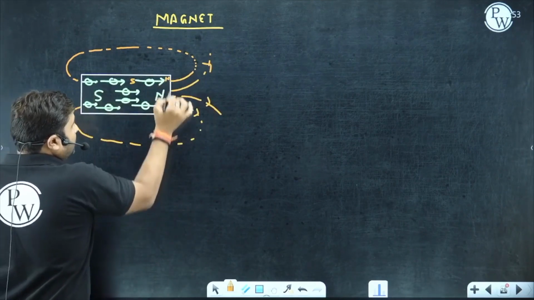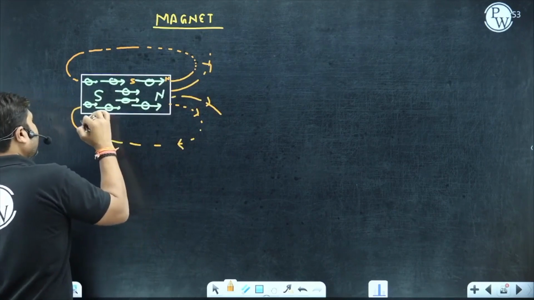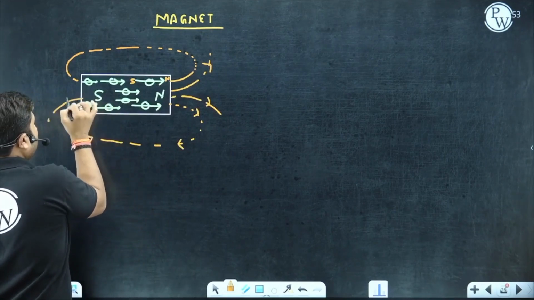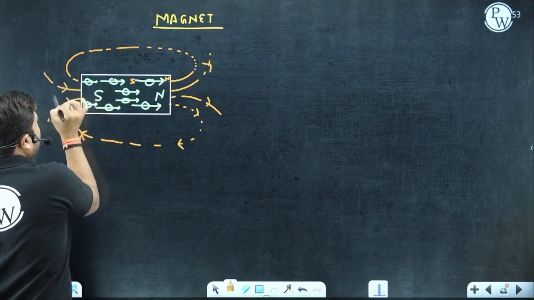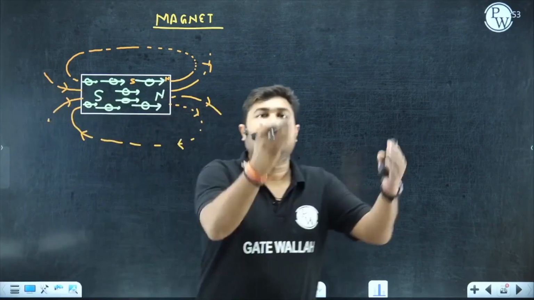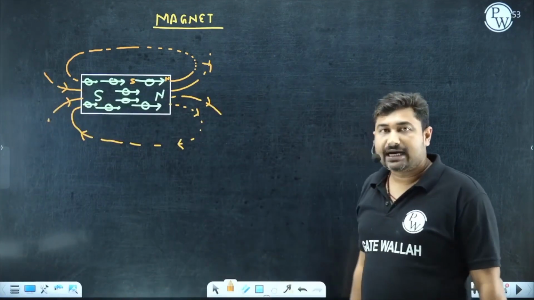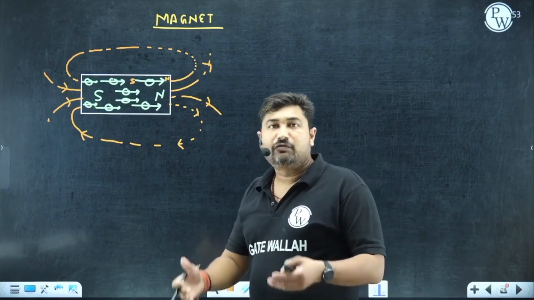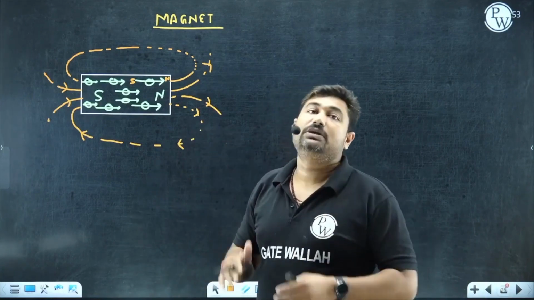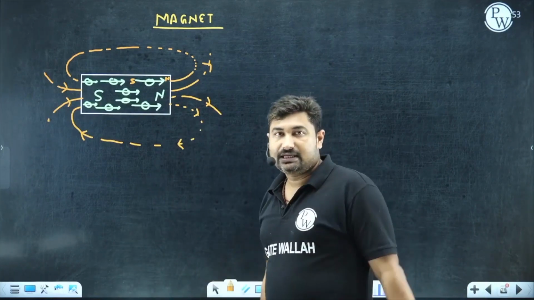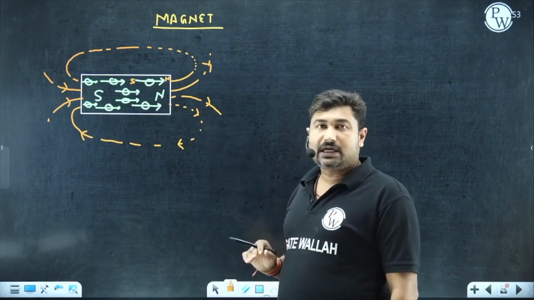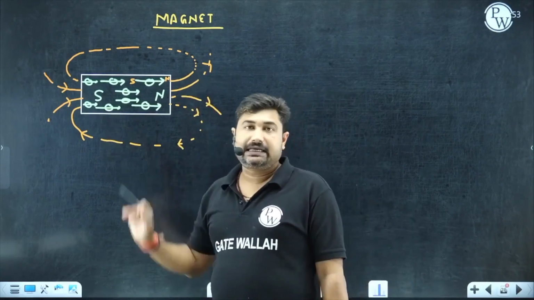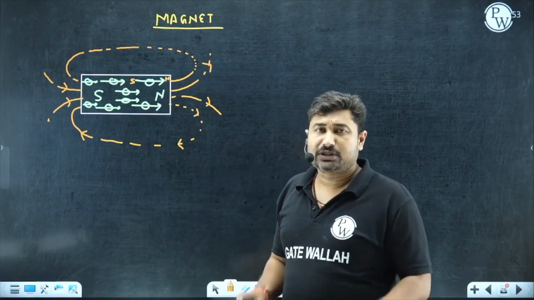So the north terminal is that terminal from where magnetic lines of force are going away from the material. And south is that pole from where magnetic lines of force are again coming back to the material. How do we decide north and south, and can we see these magnetic lines of force? Yes, it's possible.